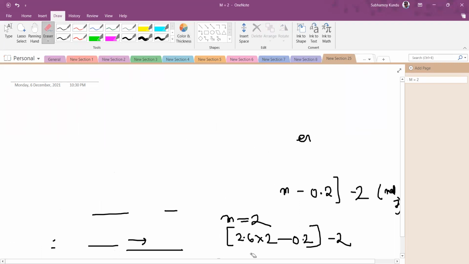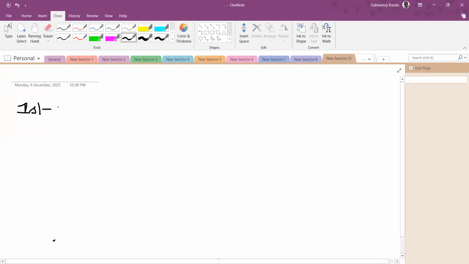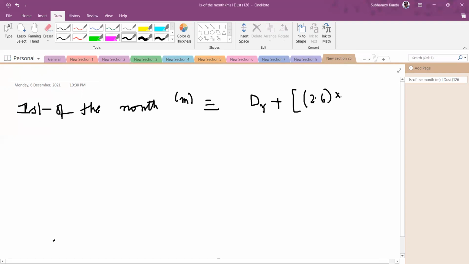If m is the number which represents the month of the corresponding calendar year, then the 1st of the month represented by the number m will be congruent to the day of the 1st of March plus this value: floor of 2.6 into m minus 0.2 minus 2.